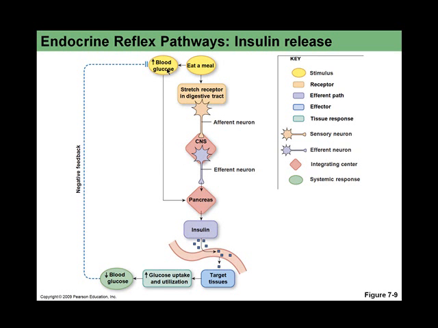But there's also a direct effect if you eat a meal, the digestion, or if it's just raw sugar or glucose, then you get an increase in blood glucose levels. And these have the direct effect on the pancreas for the endocrine reflex.